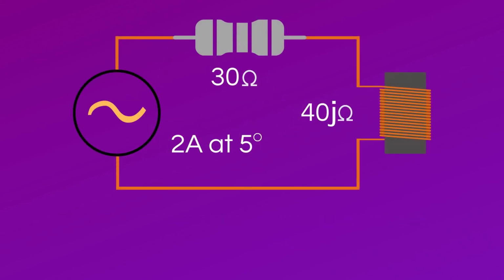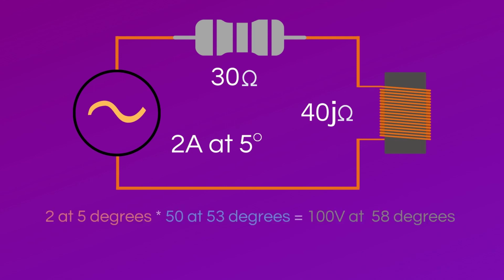Now let's find the voltage of the circuit using Ohm's law if we are given a current of 2 amps at positive 5 degrees. Per Ohm's law, voltage equals current times resistance. Therefore, the voltage of the circuit equals 2 amps at 5 degrees times 50 ohms at positive 53 degrees, which equals 100 volts at positive 58 degrees.